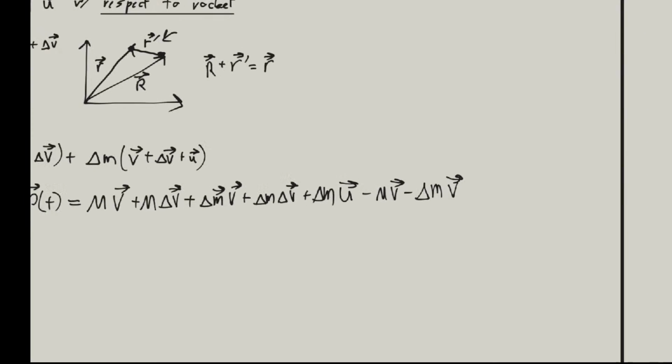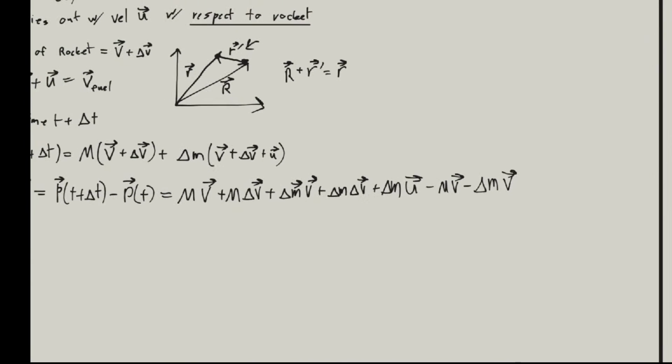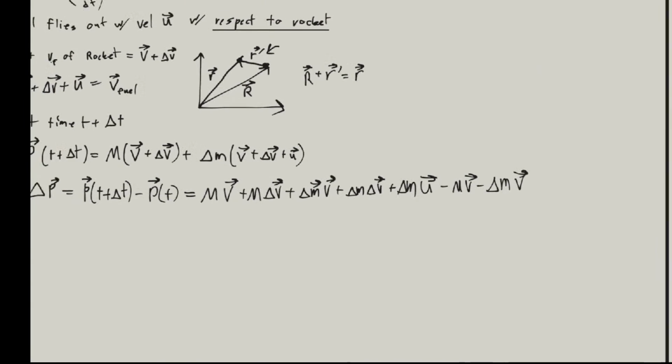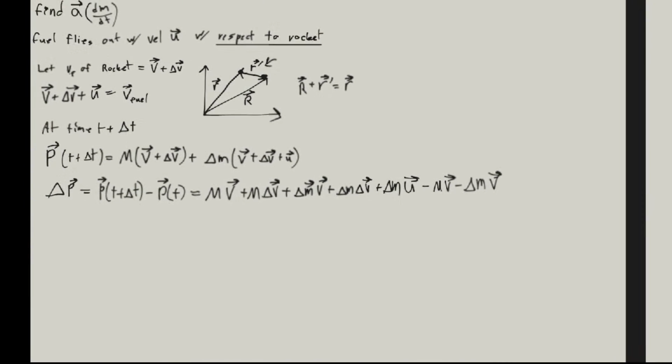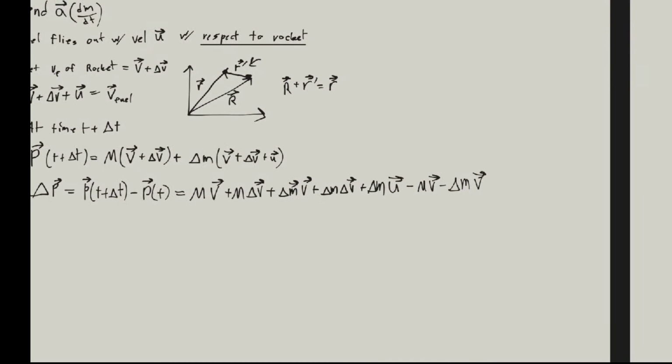Okay, now let's take a look at this whole thing in all of its glory. The m times v terms will cancel, and the delta m times v terms will cancel, right?